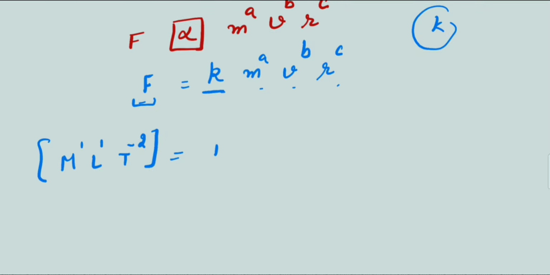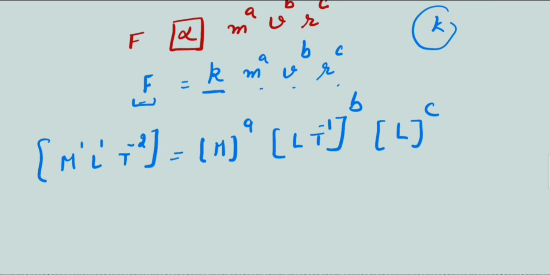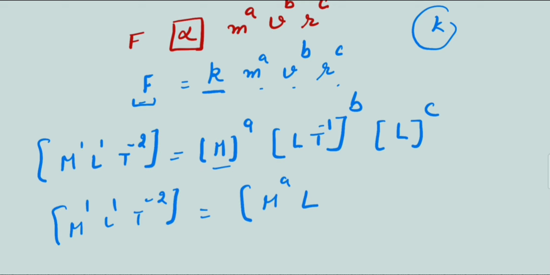So m has the dimension of mass raised to power a. The velocity dimension is LT minus 1 raised to power b, and radius has the dimension of length raised to power c. Now we can write this as M1 L1 T raised to power minus 2 is equal to M raised to power a, L raised to power b plus c, and T raised to power minus b.